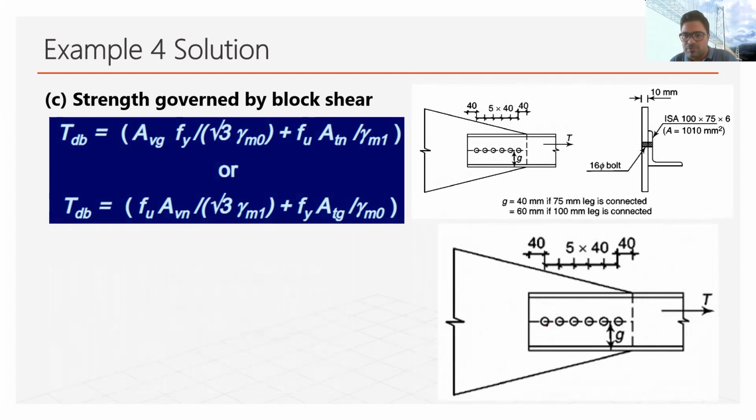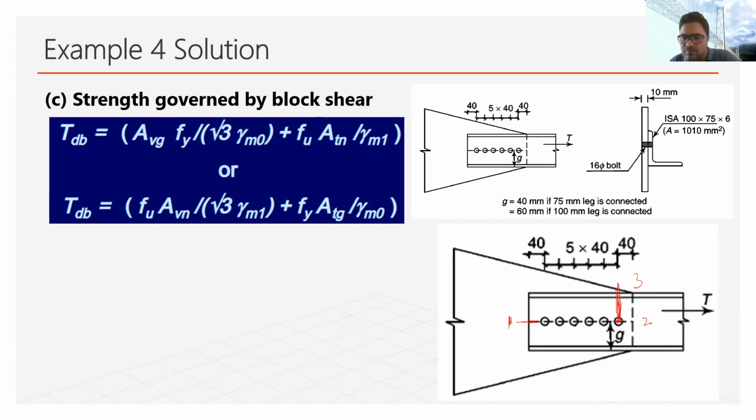So now, to find out the value of AVG, just consider that this is line 1, 2, and this is line 1, 3. Along the center of this line, this is line 2, 3, and along the center of the bolt, this is line 1, 2. So now just look at line 1, 2.